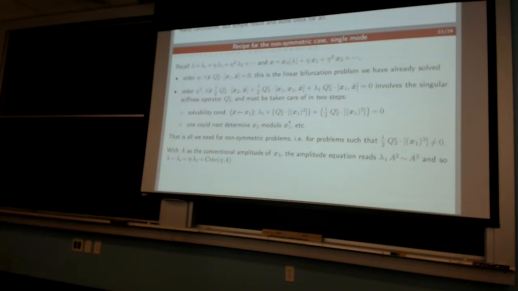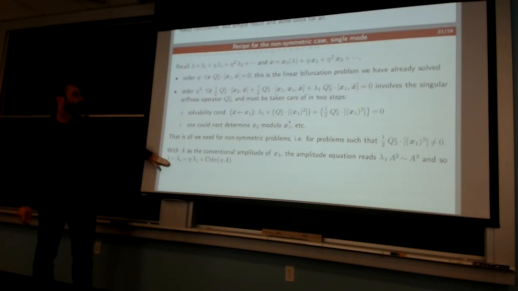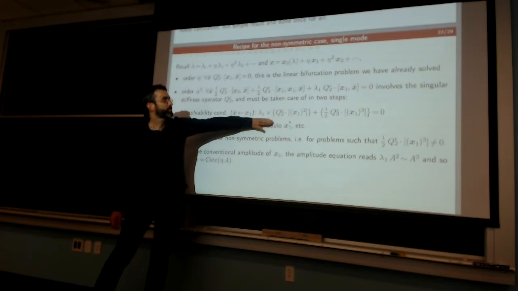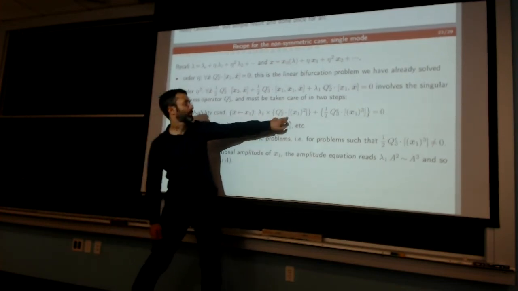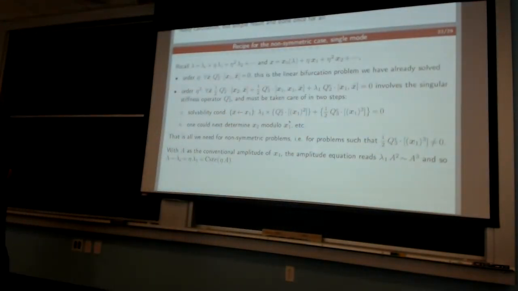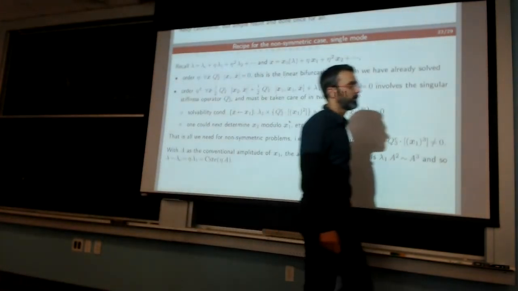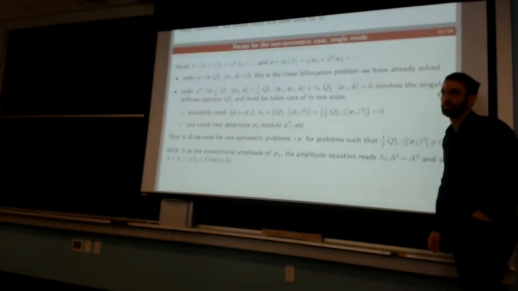So I'll show you next week how we can do that. But that's really the first result we have from this Taylor expansion, and it's really a recipe. You want to calculate lambda 1, you just calculate these two numbers by finding out what these Q forms are, and you just condense them with the known mode.